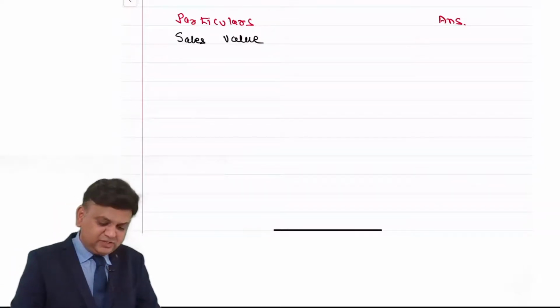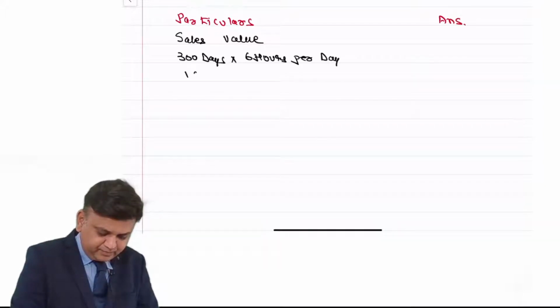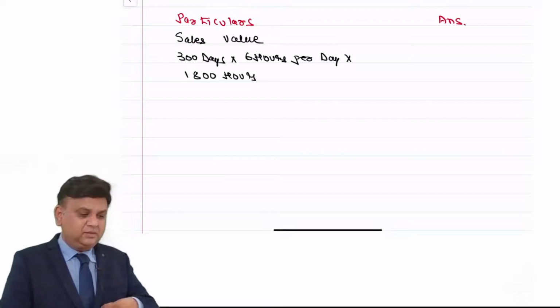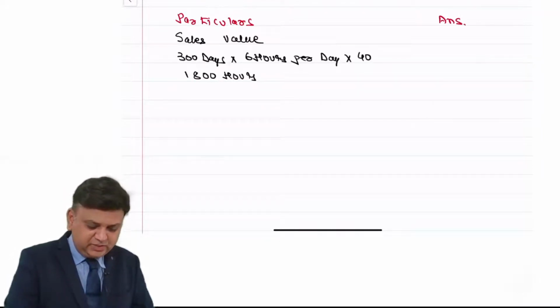So in terms of the sales value we will write like this: 300 days into 6 hours per day. So it is 1800 hours, multiplying with. The question is providing that the output is 40 units per hour. So 40 units into selling price is 10.